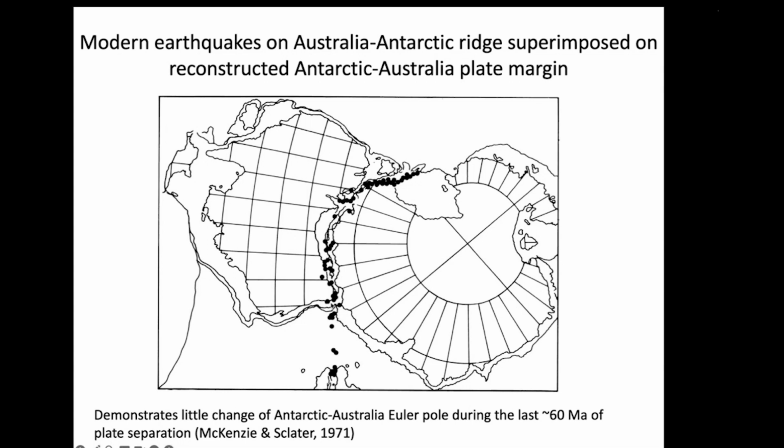And you can see that it looks like there's been no significant change in the pole of rotation of Australia relative to Antarctica, because these earthquakes basically mark where that rift would have started, even though they're modern earthquakes. So it demonstrates little change of the Antarctic and Australia Euler pole over the last 60 million years of plate separation.